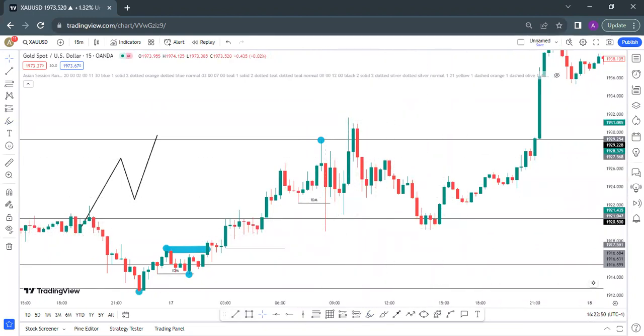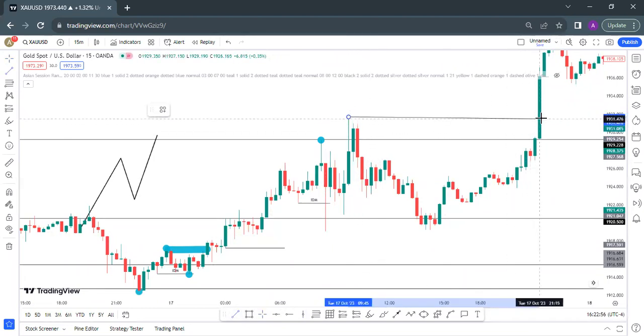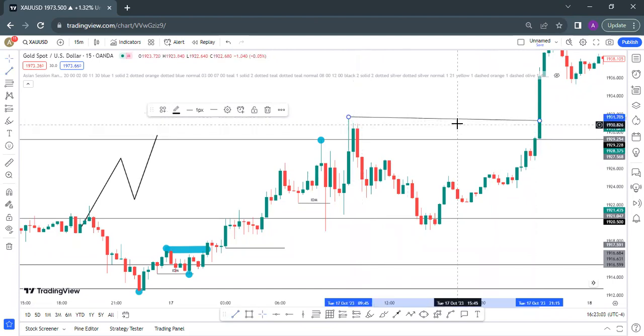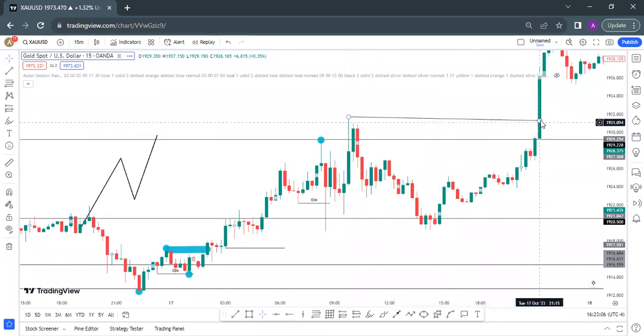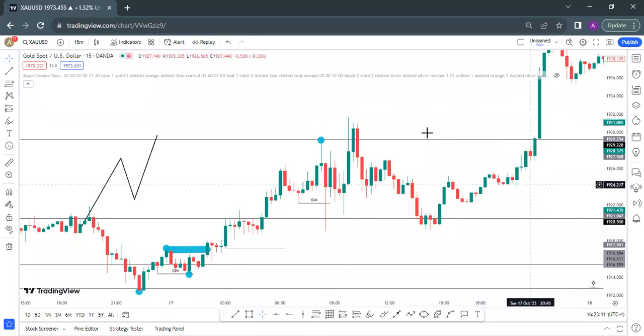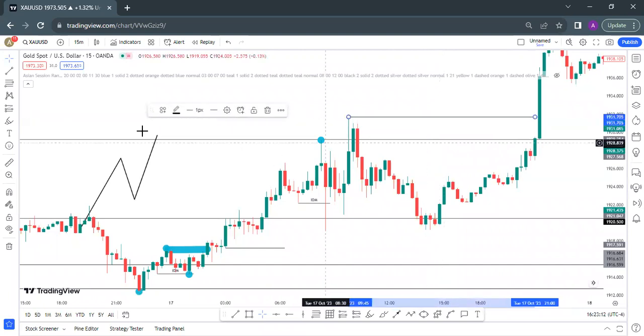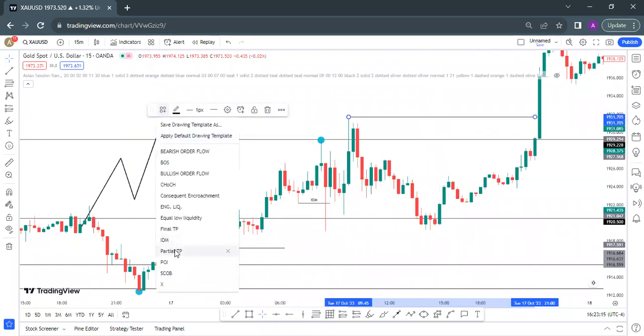And then now finally it broke the structure here. We broke structure here. Because this is where we now have a valid candle body closing above this high. So this is where we will have our valid break of market structure. You get the point?